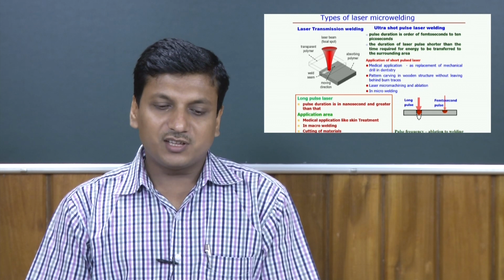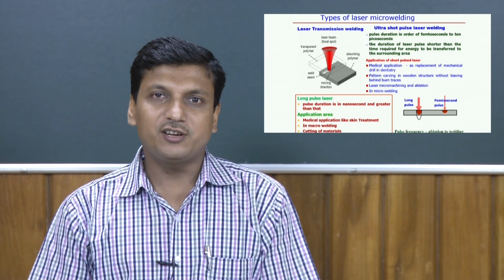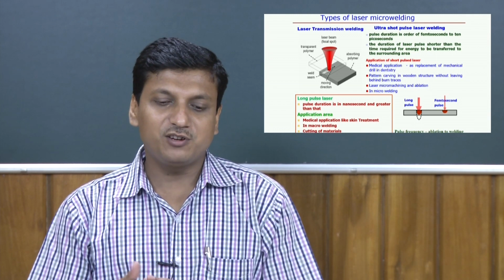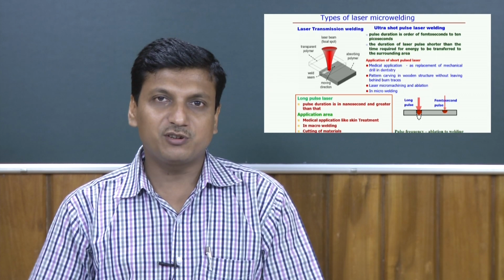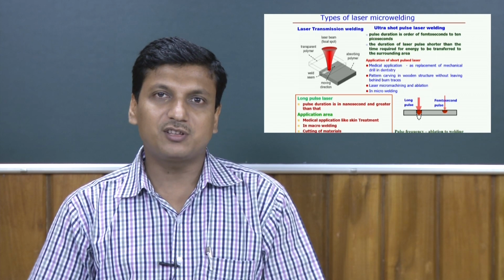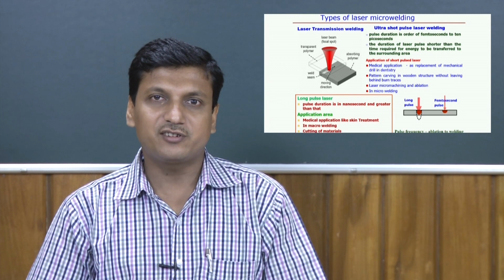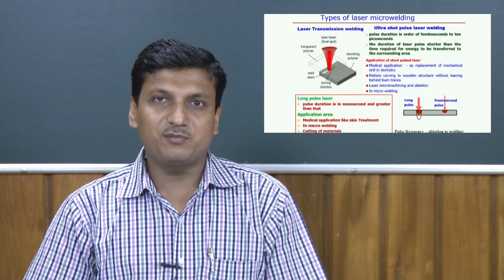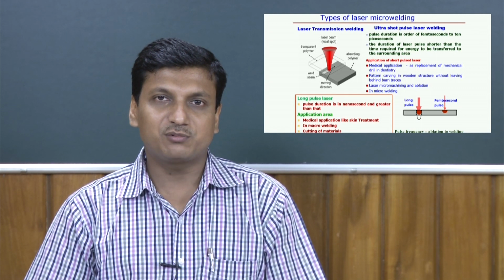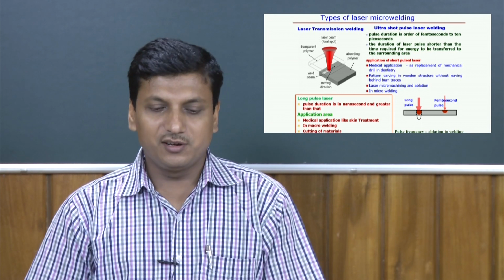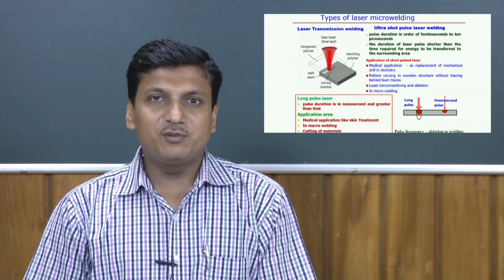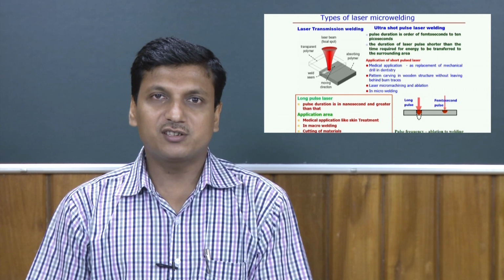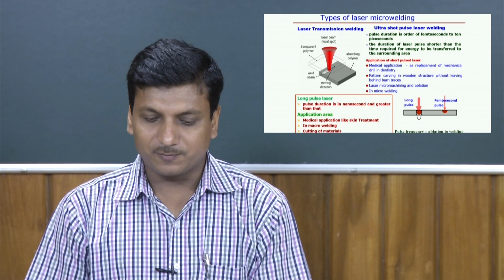At the same time, laser transmission welding is possible between a polymer and a metallic material. The first layer, the polymer, is transparent to the laser, and the second we choose, the metal, in such a way that it absorbs the laser energy, and there is interface melting between these two substrate materials, and then we can form the weld. So, this is the typical mechanism of laser transmission welding, and in several micro welding applications we can find this type of welding process.